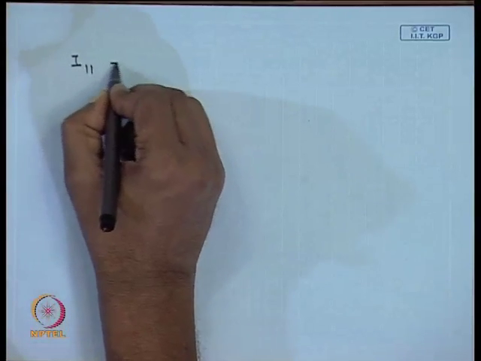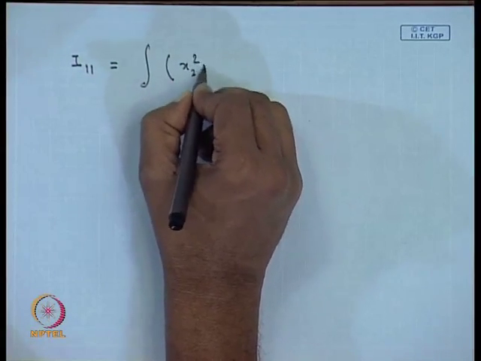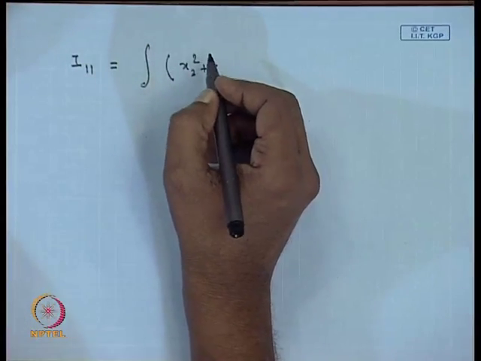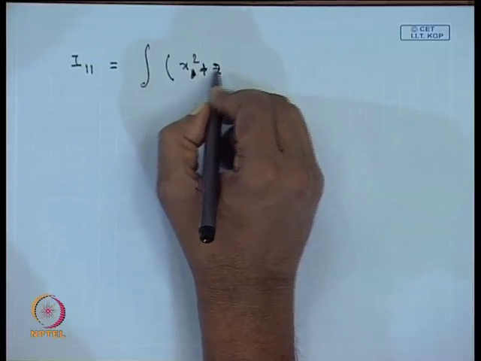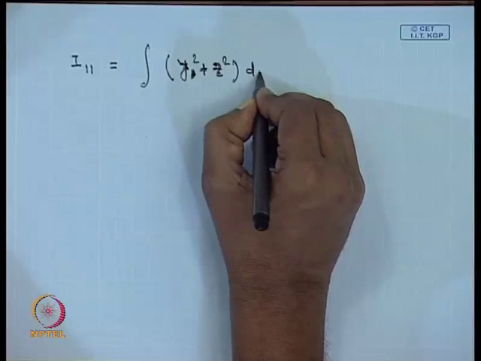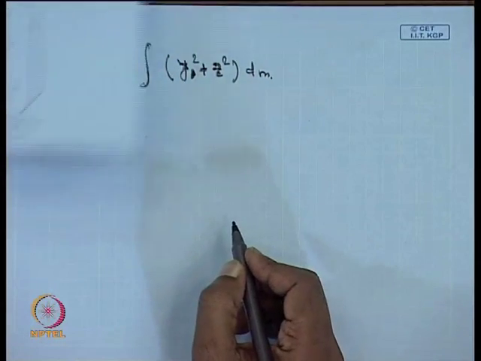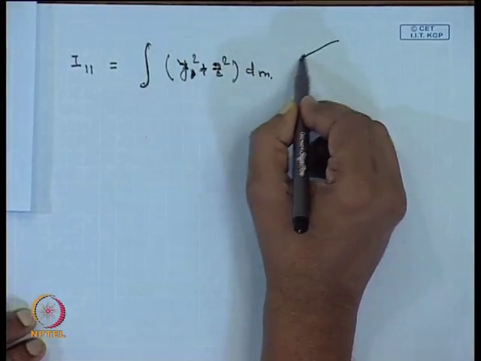So, I 11 we can write as the integral of y square plus z square times d m. Okay, so, we are going to develop these things later on.